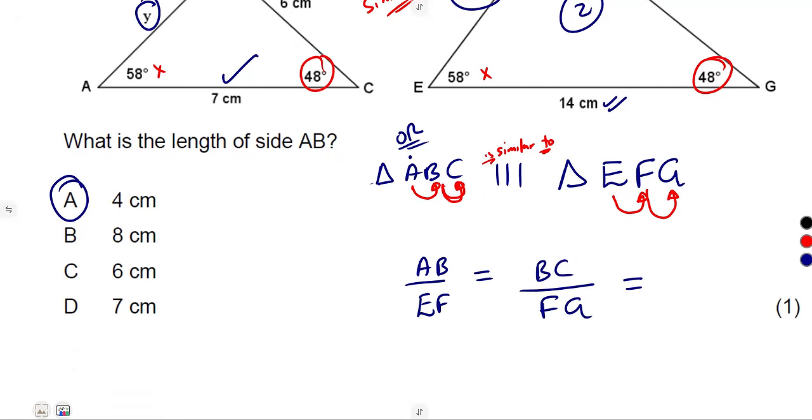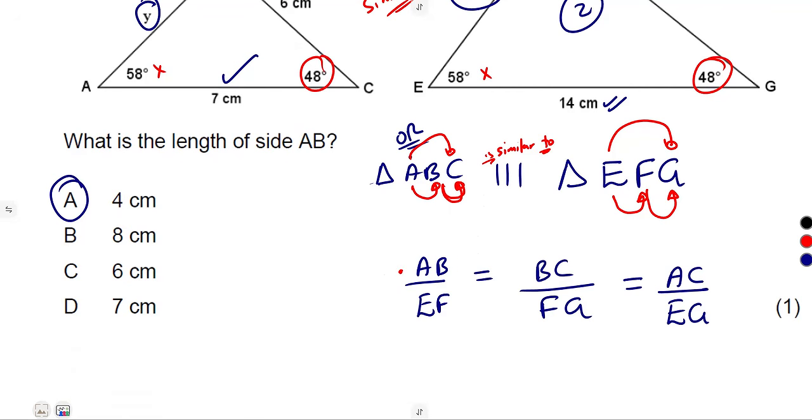It must be the same as AC over EG. It's a ratio that we have formed, which you can complete by substituting. AB is the one that we need, so we can take the ratio where AB is.